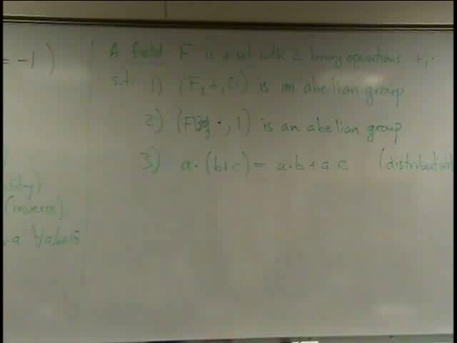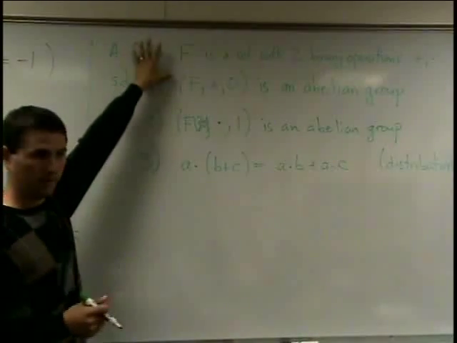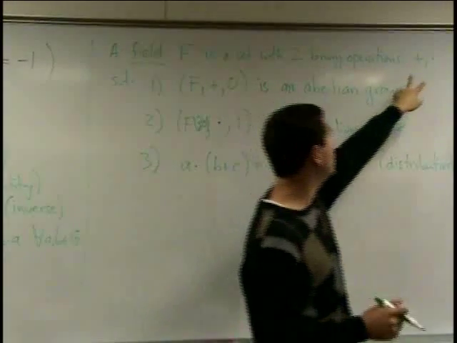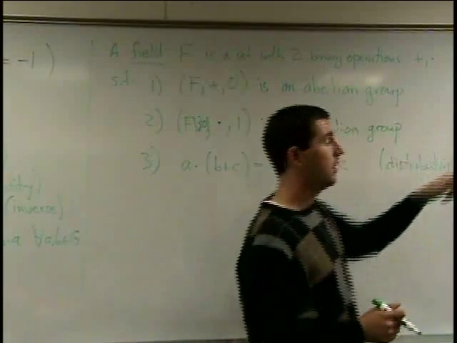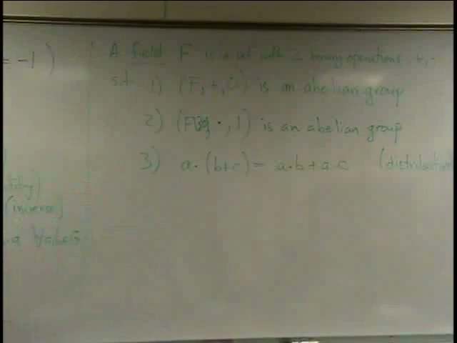There's a lot more out there. There's a lot to field theory. Okay. So our goal now is to build a field out of the complex numbers. Which means we want to define two binary operations, a plus and a times, and we want to show that they satisfy these properties. That's our goal. This is the background for it.